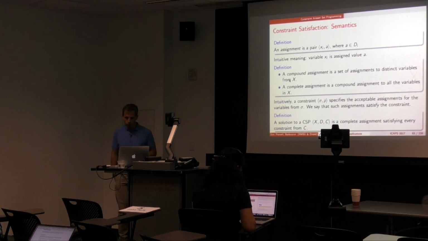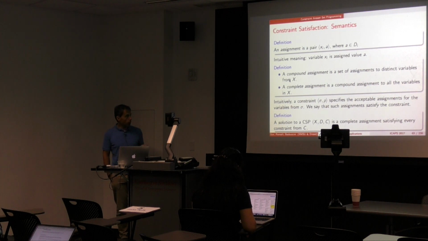We have a couple of extensions of the notion of assignment. So this assignment up here is only for one variable. As you can imagine, the moment we consider multiple variables, we have sets of these pairs. A compound assignment is one such set. Okay?